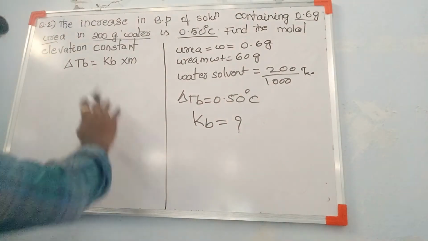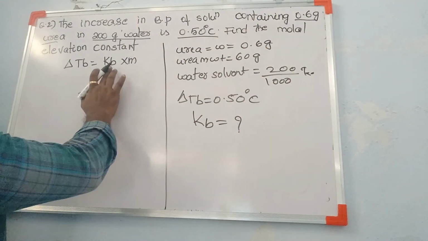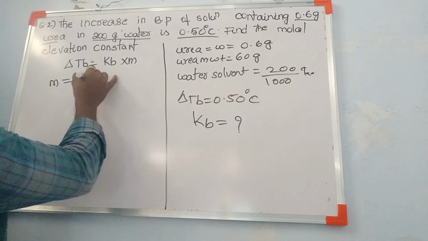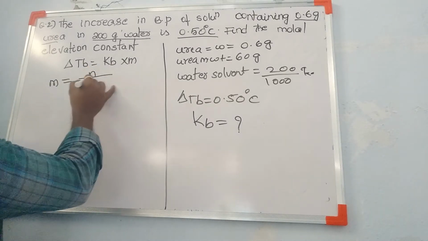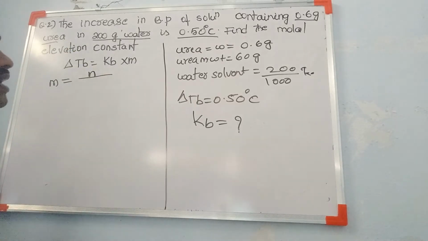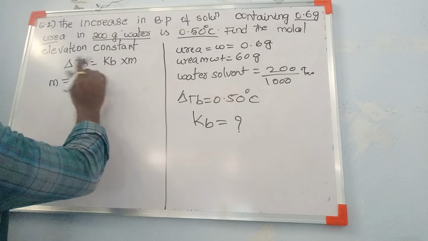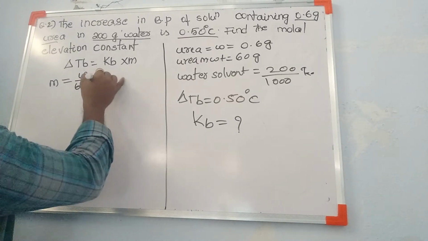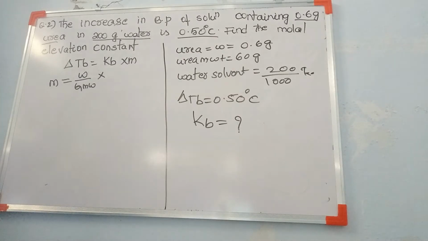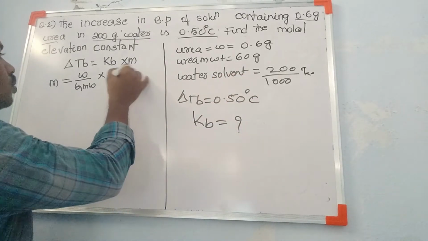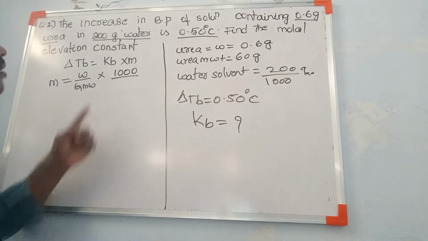Here, delta Tb equals Kb into molality. Generally, what is our molality formula? Number of moles of solute divided by weight of the solvent in kg. So it is weight divided by gram molecular weight of the solute, into 1000 divided by the weight of the solvent in grams.